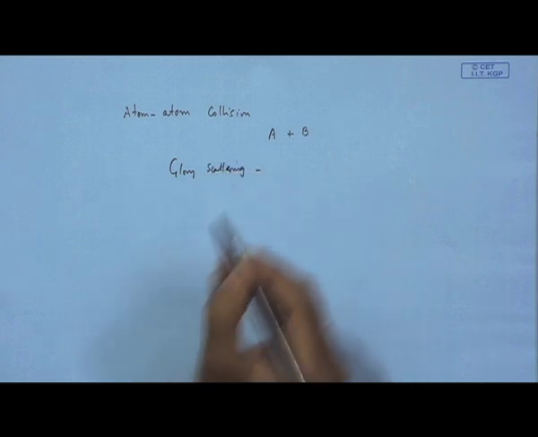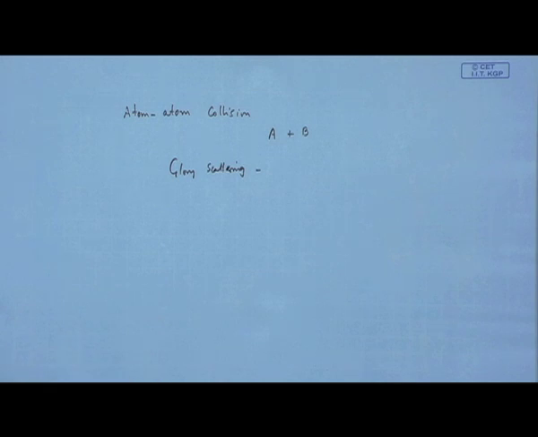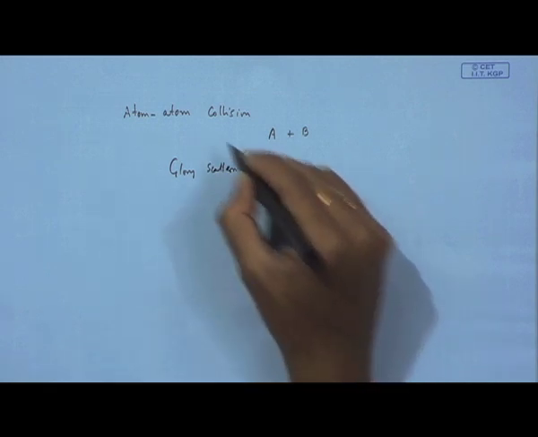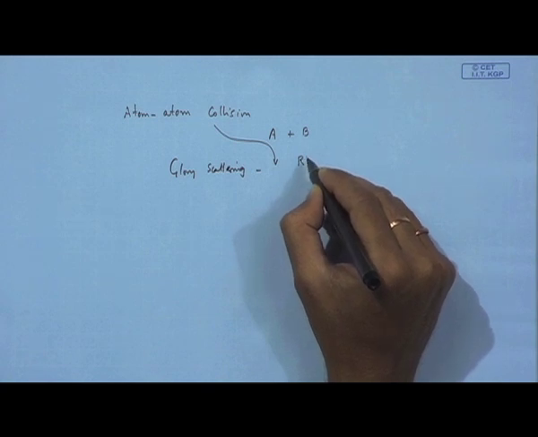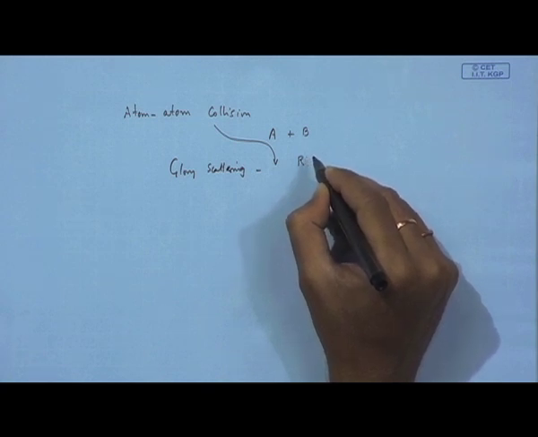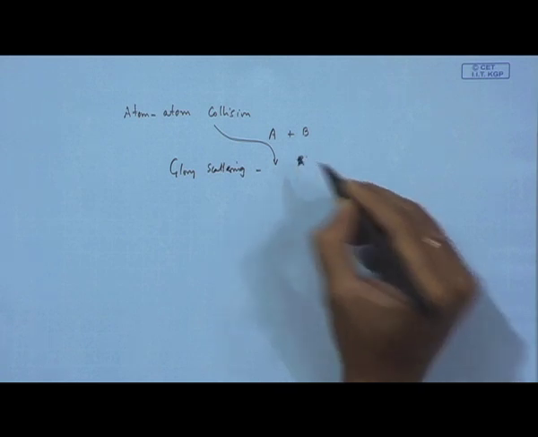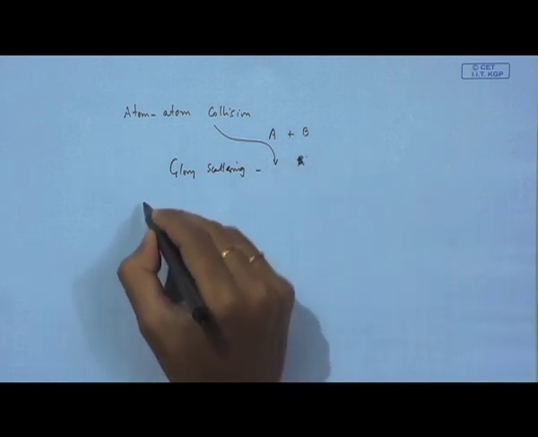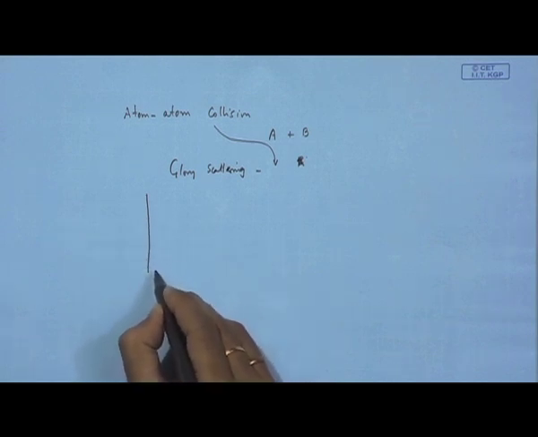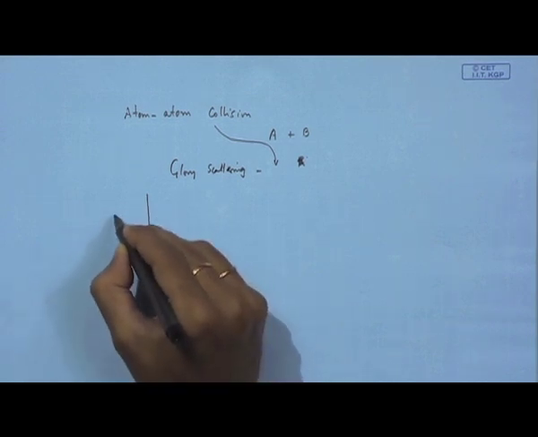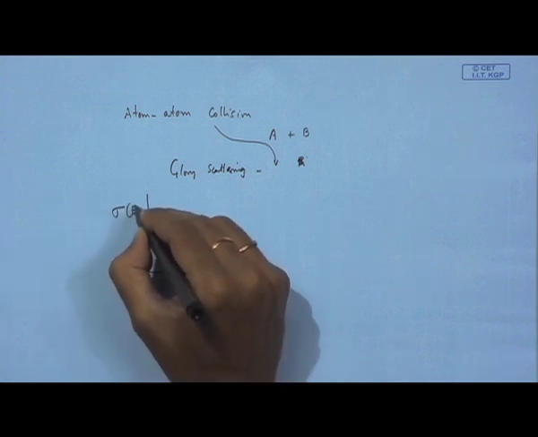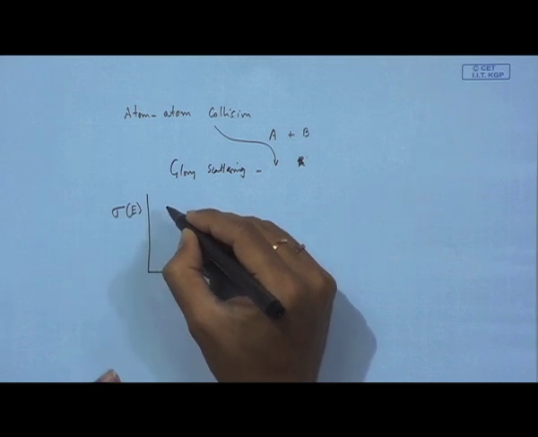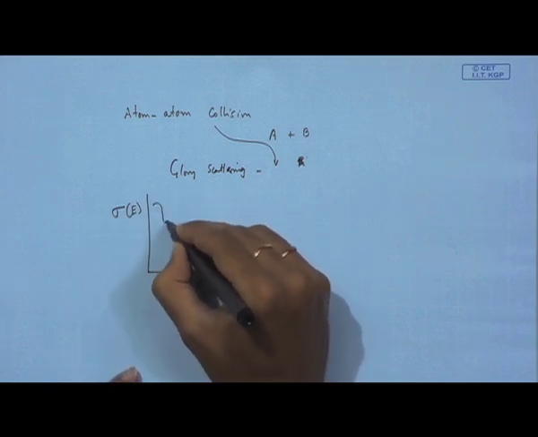Glory scattering is mostly seen in the case of atom-atom scattering. If you plot sigma versus energy E, then you will see something like this.